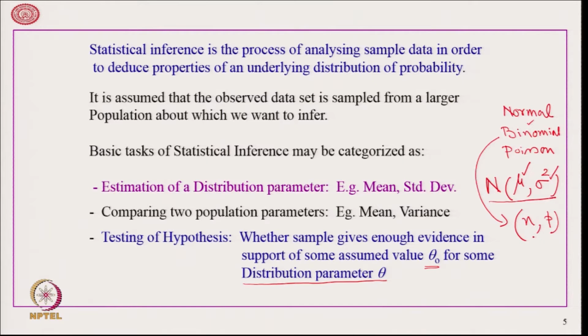For binomial, the mean is NP and variance is equal to NP into 1 minus P. Again you see that we can derive them from the parameters given corresponding to a binomial distribution. Hence, if we estimate the parameters of a distribution, then we can get a feel of the overall population.